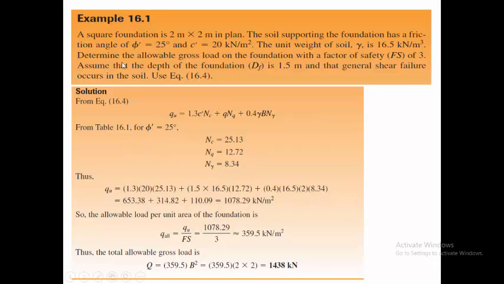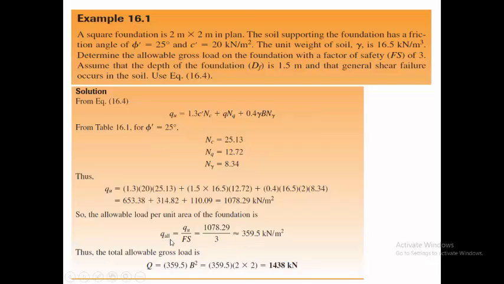So, the question here is to determine the allowable gross load. Allowable gross load means we are talking about a unit of force, which is newtons or kilonewtons. This is load. Remember that factor of safety is the ratio of Q ultimate over Q allowable. Is it clear? QU we already solved: 1079 divided by the factor of safety of 3 is 359.5.